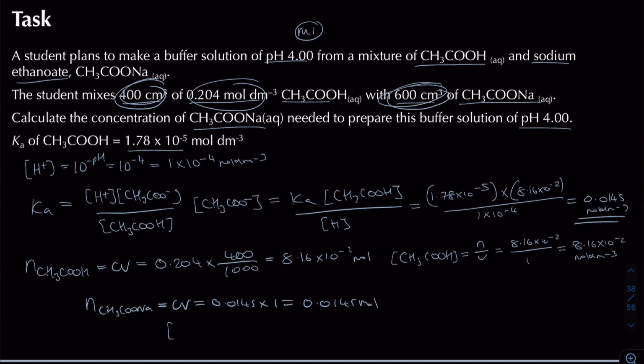Then I'm going to find the concentration of sodium ethanoate by taking the number of moles divided by the volume. That's 0.0145, and the volume here is going to be 600 centimeters cubed, so 600 divided by 1,000, and what I end up with as a final answer is 2.42 times 10 to the power of minus 2, and that's in mole per decimeter cubed. So there is the concentration of our original solution.